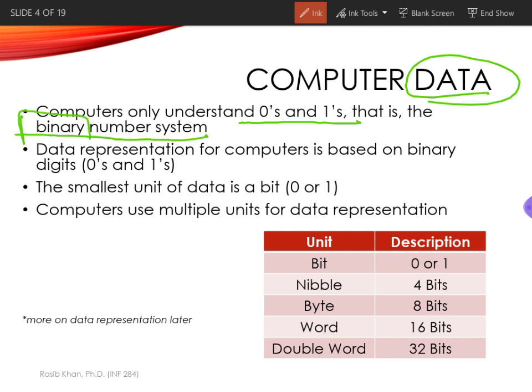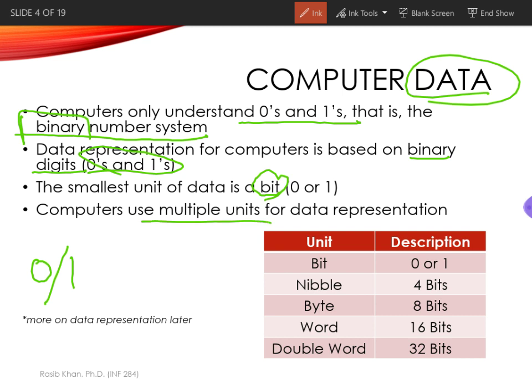The term binary means it only has the choice of two. That means 0 or 1. So the data representation, any form of data that a computer understands, is based on binary digits, which are again zeros and ones. The smallest unit of the data that a computer can understand is something that we call a bit, that is a single 0 or 1.